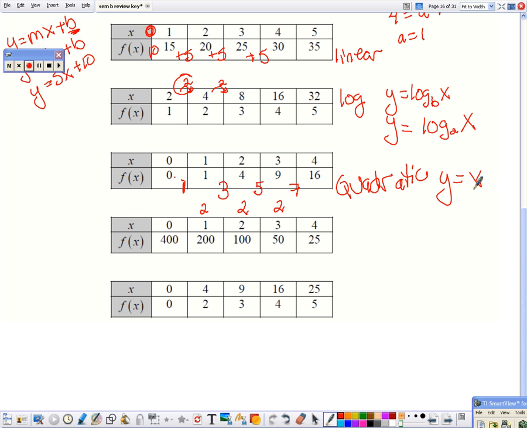So my equation is y equals x squared, because if I look, each of these x's, square 2 you get 4, square 3 you get 9, square 4 you get 16. For this one, it looks like the y values I can multiply by a half.